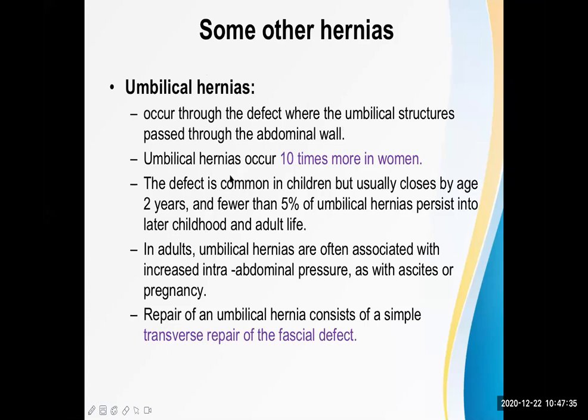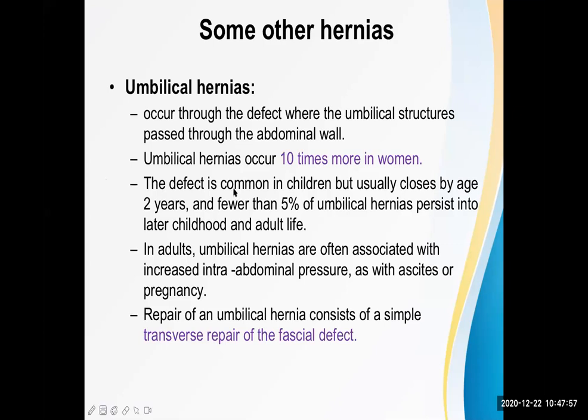This umbilical hernia is much more common in females than in males. There may be different reasons for that. Probably the anterior abdominal wall muscles are a little bit floppy or flabby in females, maybe contributed by prior pregnancies. But definitely, it is much more common in females.